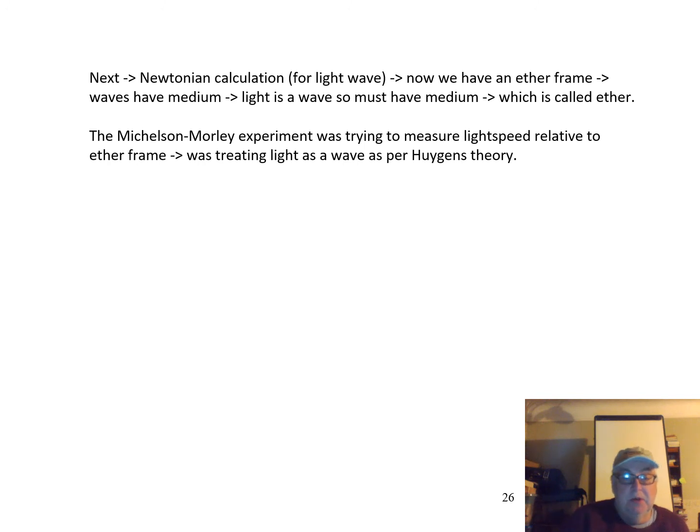Next you need to do a Newtonian calculation for the light wave, and now with that we have an ether frame. Waves have a medium, light is a wave, so it must have a medium which is called ether. The Michelson-Morley experiment was trying to measure light speed relative to an ether frame, and was treating light as a wave as per Huygens' theory.